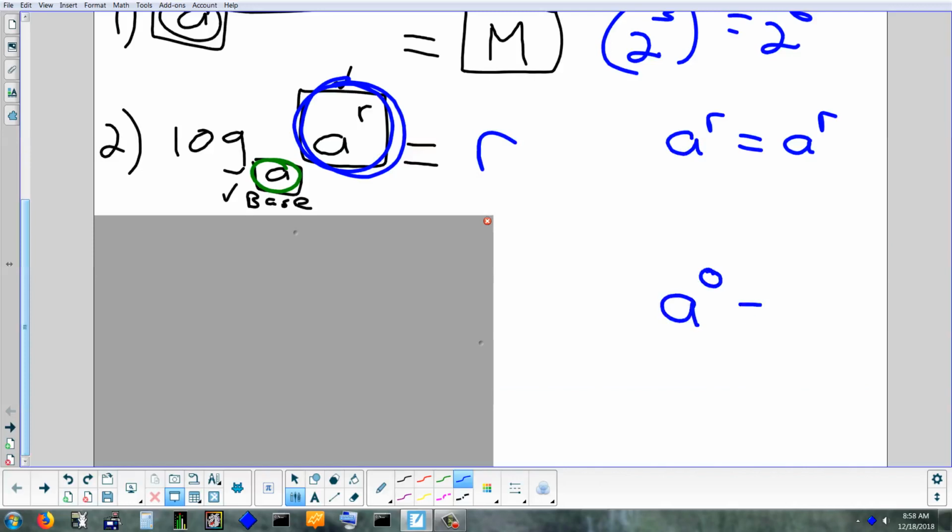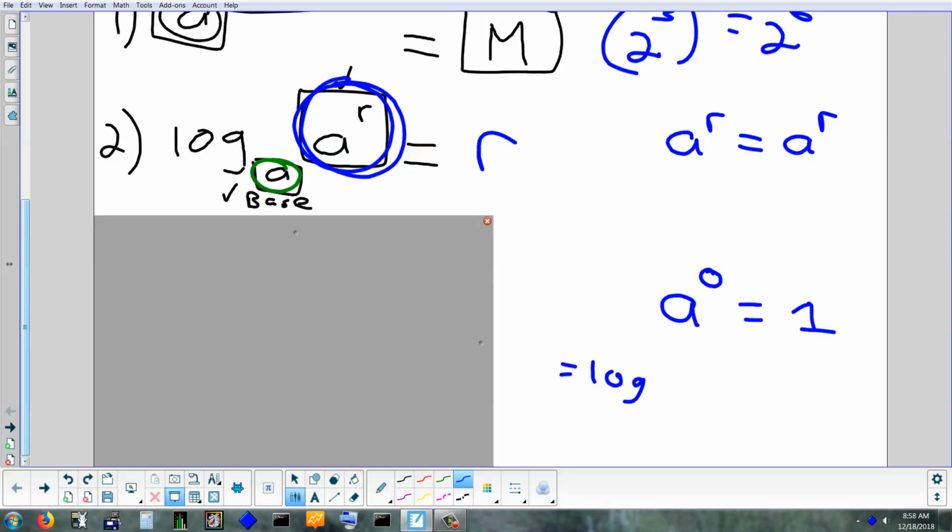If I take and raise something to the 0 power, what's the answer? 1. Anything to the 0 power is always 1. Does everyone agree with that? All right. Let's work backwards from that property, which we know is true, to change it into a property with logarithms. Just put it down here temporarily, but then I'm going to write out what's under the block.